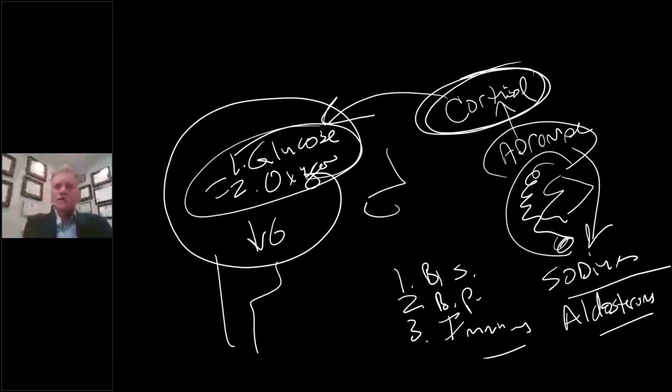So when this loop goes on, when somebody has reactive hypoglycemia that they're dealing with day in and day out, this neural feedback loop actually will begin to fatigue.